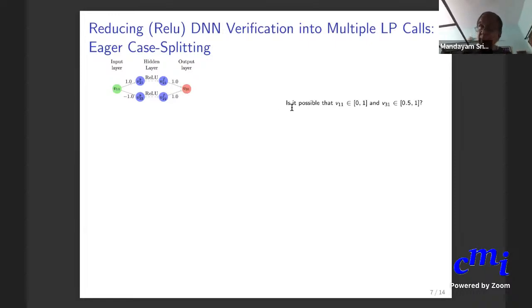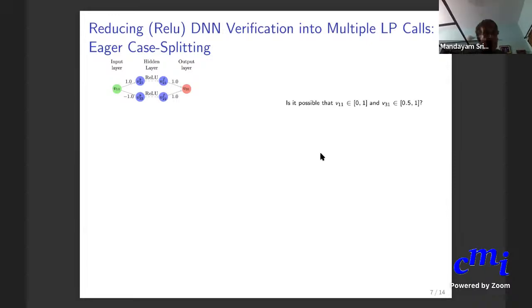As long as V11 is 0.5 or above, this is possible, and that's why this is satisfied. That is the property that you want to verify: as long as the input is constrained to be between 0 and 1, whether the output can be between 0.5 and 1.